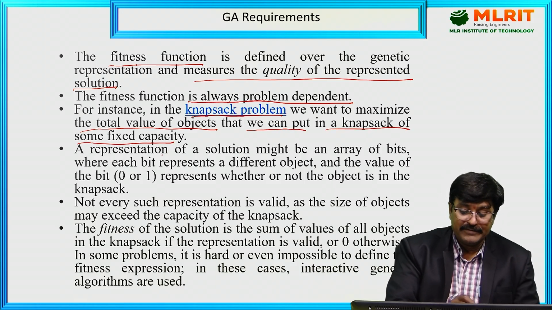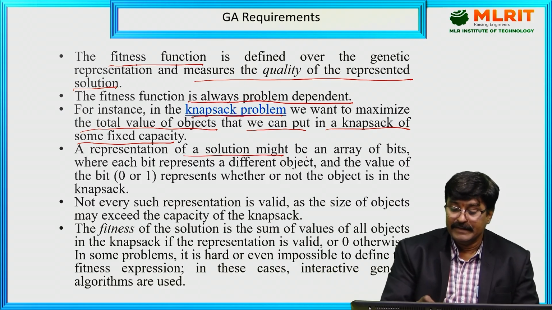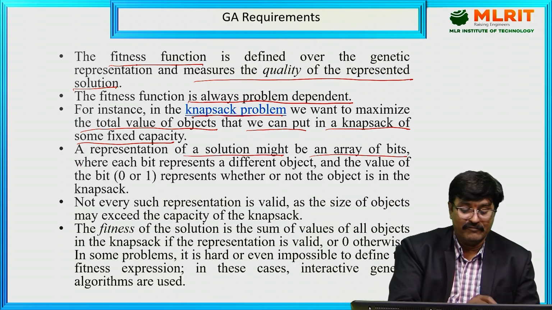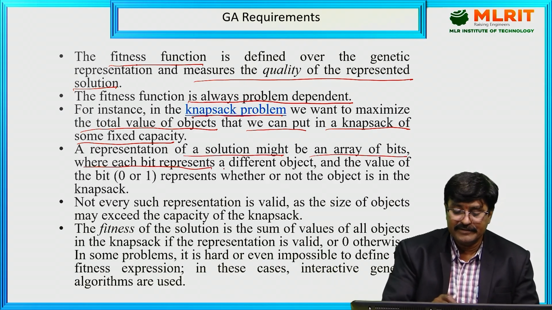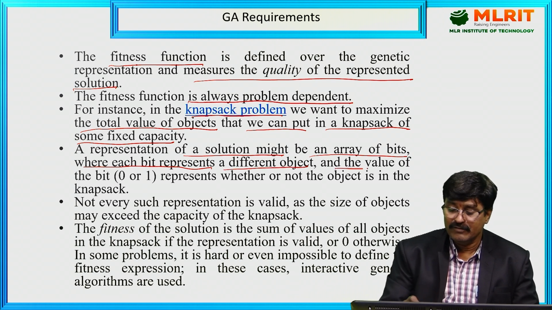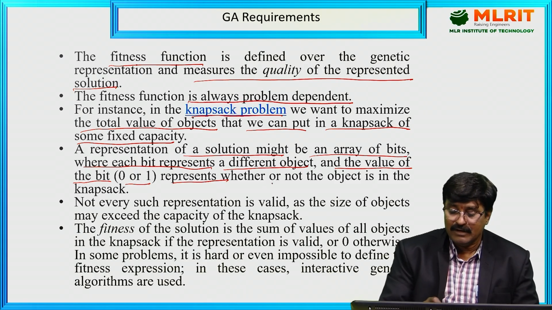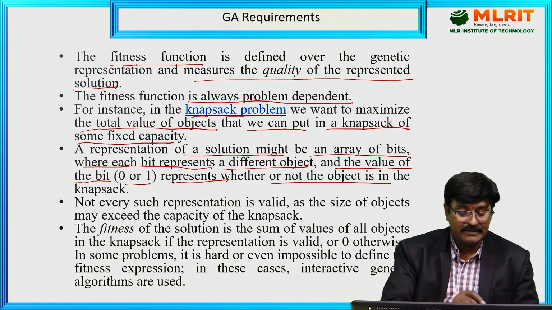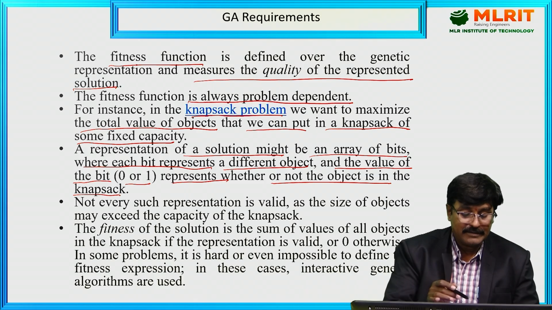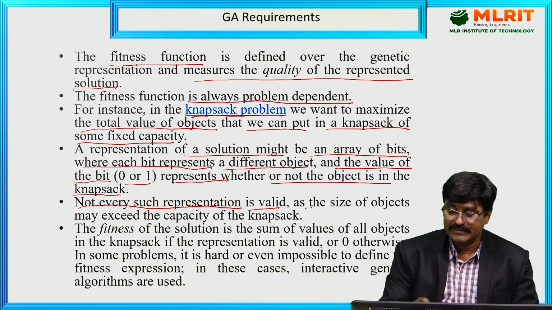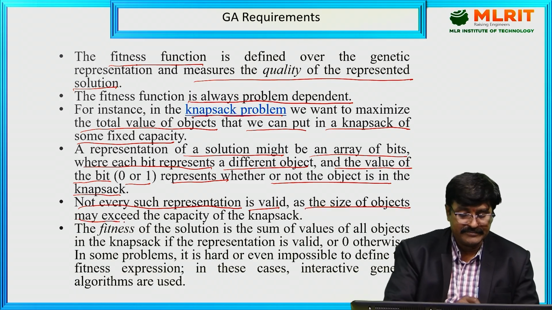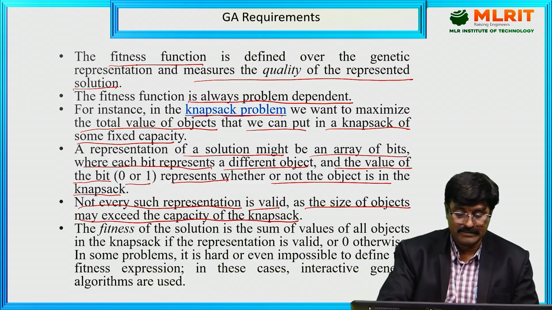A representation of a solution might be an array of bits, where each bit represents a different object, and the value of the bit, either 0 or 1, represents whether or not the object is in the knapsack. Not every such representation is valid, as the size of the objects may exceed the capacity of the knapsack.